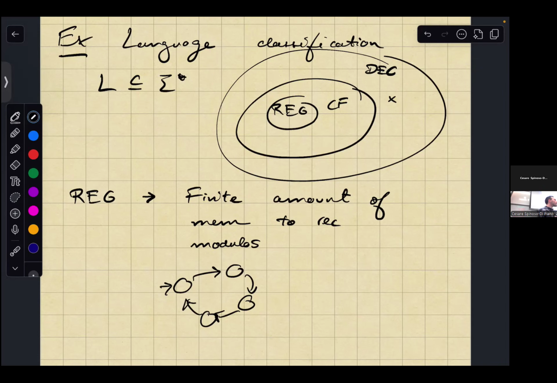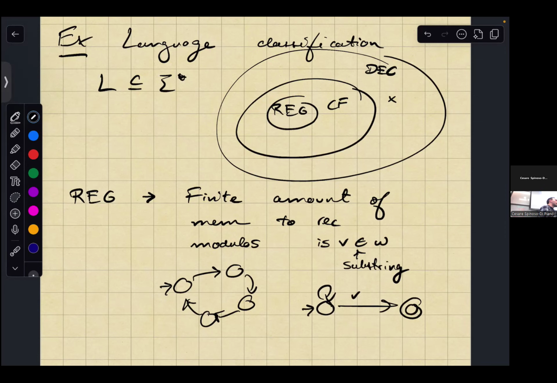The other thing that typically only requires a finite amount of memory is a question like, is V a substring of W? Here I'm abusing notation where belongs to means a substring. This again only requires a finite number of states, because you just have to wait and see if you see V. If you do, then you go to an accept state, right?